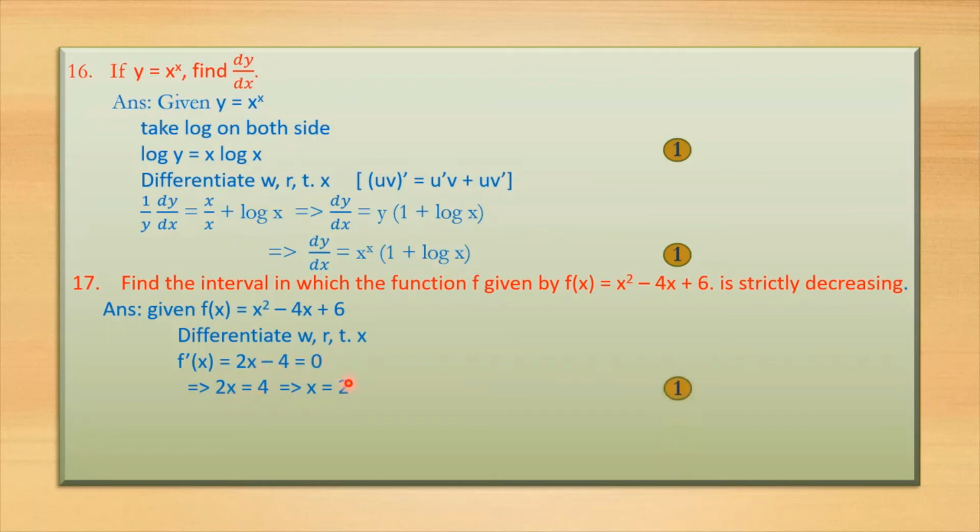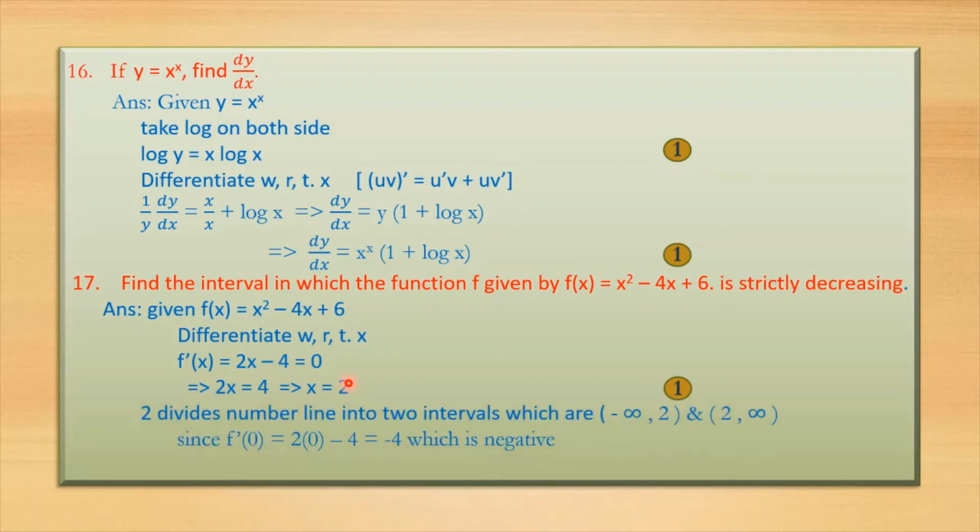Let me find out the interval. Here x value, that is 2, divides the number line into 2 intervals. Those are, one is minus infinity to 2, and another one is 2 to infinity. Now they are asking, find the strictly decreasing interval. So see here totally 2 intervals are there. Let me take any one value from this interval.